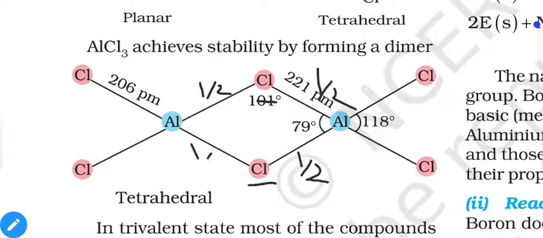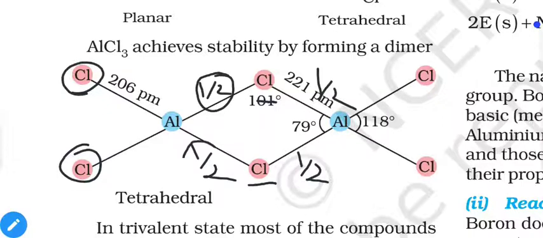So if we count, the total number of bonds with each aluminium is 2 permanent bonds with 2 chlorines at the end of the dimer, and half bonds of 2 bridge atoms. That's why the total number of bonds per aluminium is still 3.